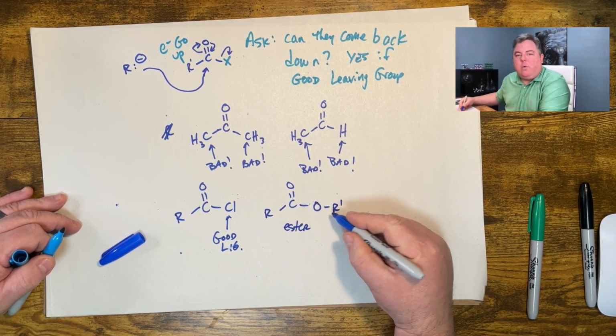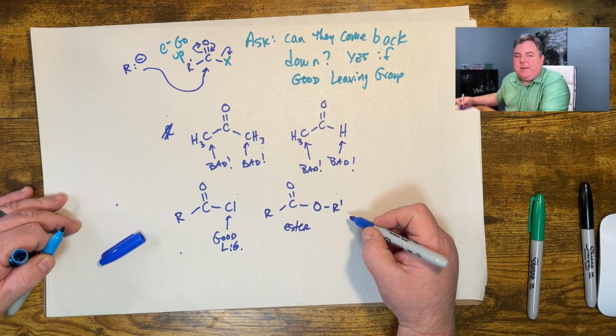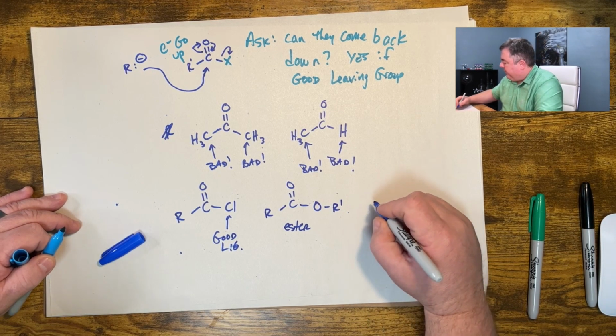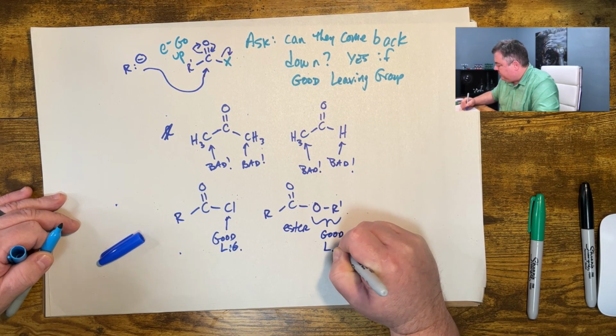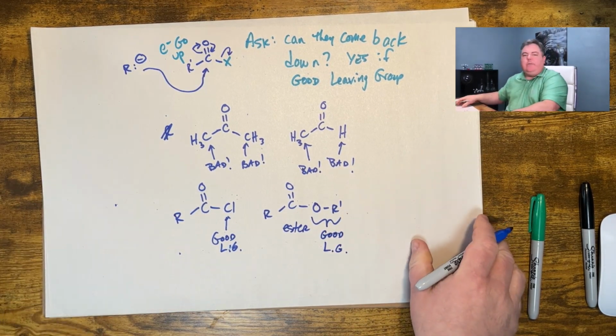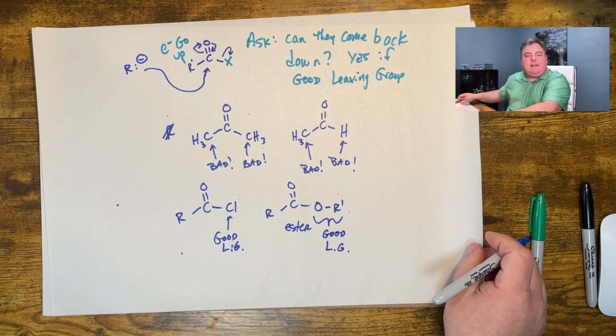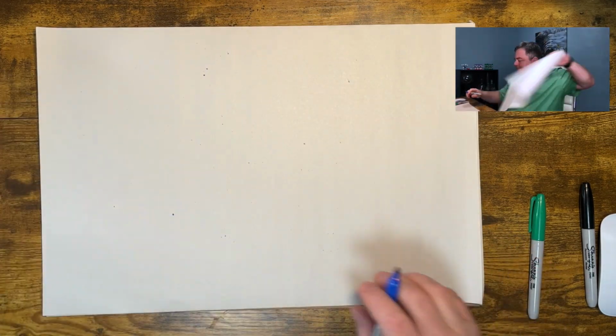So whatever, oxygen with an ethyl group or a methyl. So that would also be a good leaving group. So let's look at a couple of examples and see how we handle those.